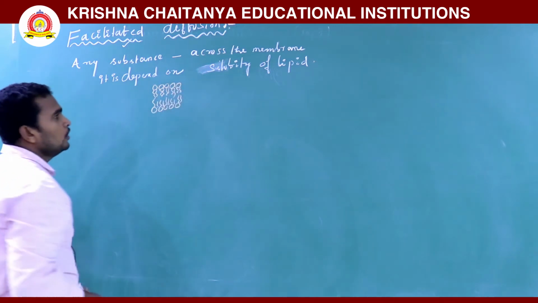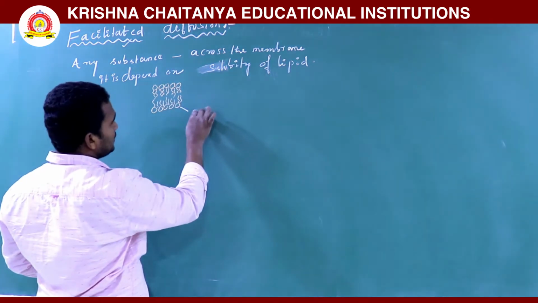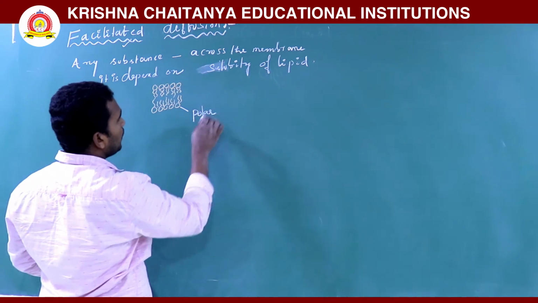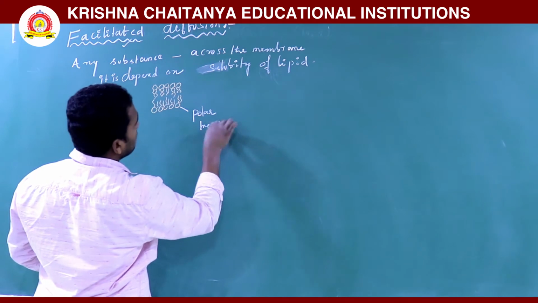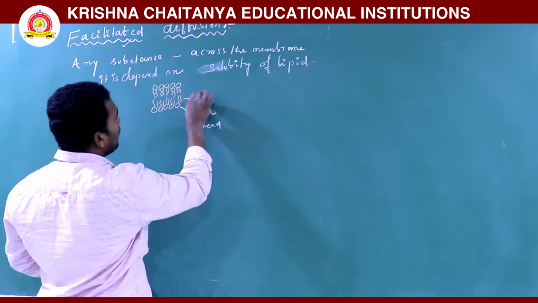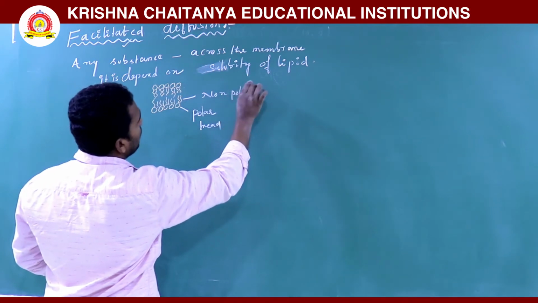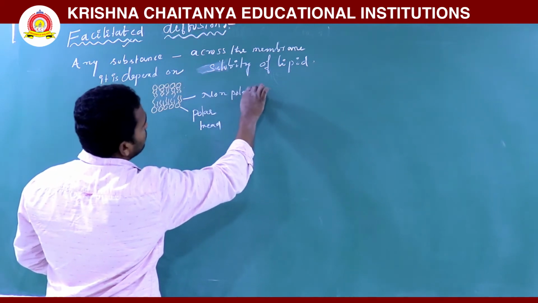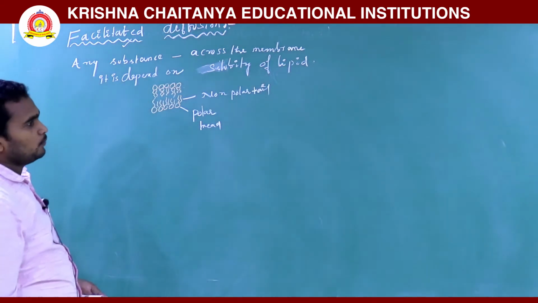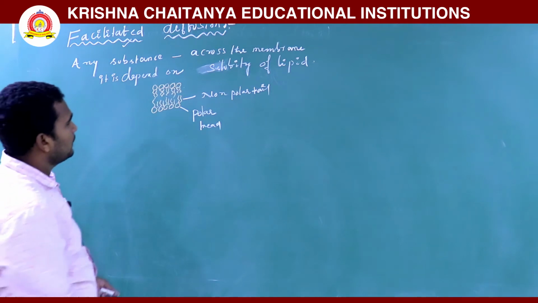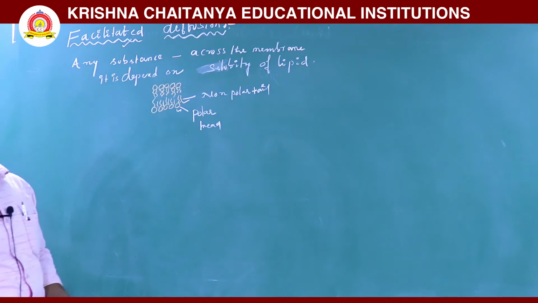This is the polar head region, and this is the non-polar tail region. This is the tail part, and this is the head part of the lipid.